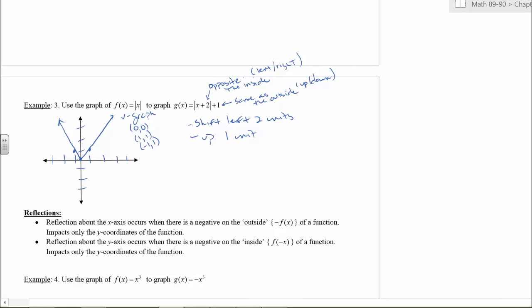So 0, 0 goes to negative 2, 0. Negative 1, 1 goes over to negative 3, 1, and then 1, 1 moves over 2 units to negative 1, 1. And I'm going to draw this as a dashed graph. If you see me draw a dashed graph, that means it's not my final graph. It's an aid to get me to my final graph. So I still have to move up 1 unit, so I'm not done.